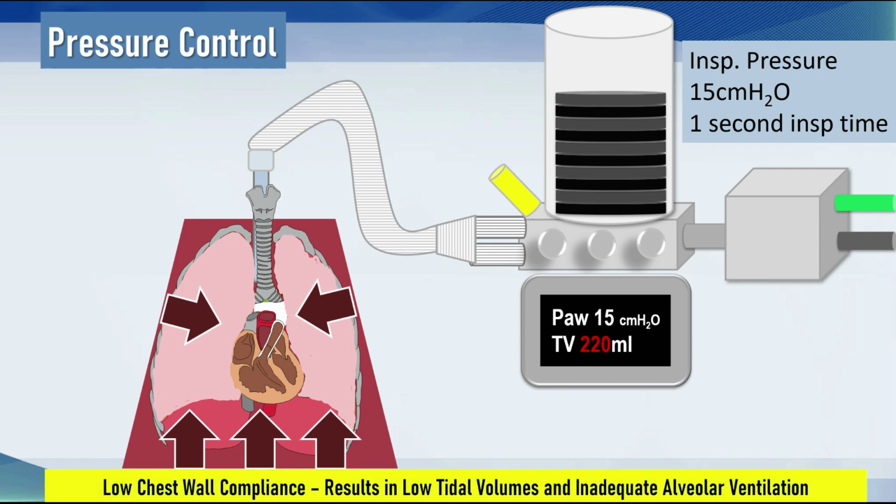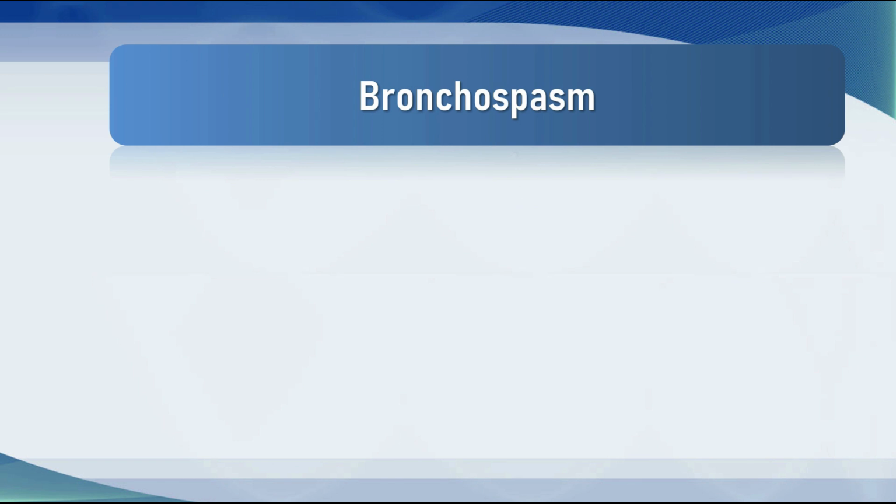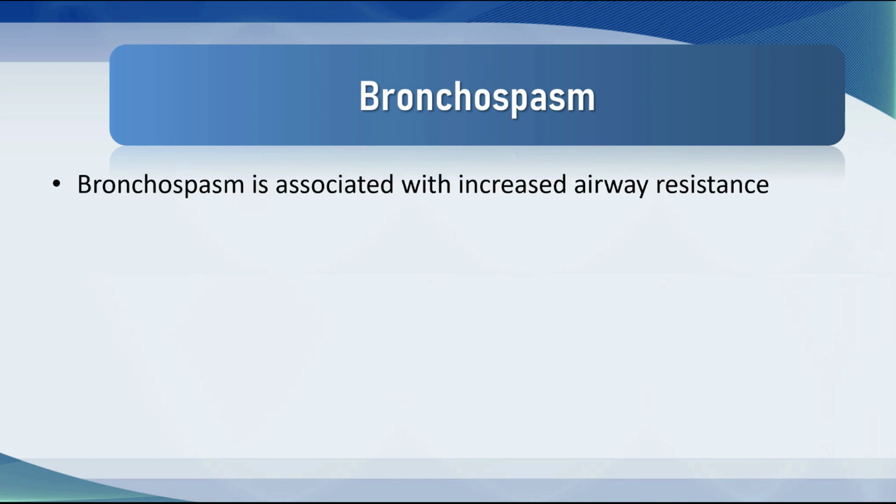And something that happens sometimes quite insidiously in a patient. A patient's bowel may start to become quite distended, for example, from severe constipation that might happen over several hours. You might leave the patient on a certain level of pressure control, but over time the tidal volume just drifts down, down, down, down. It's something to be aware of. The other thing to consider is bronchospasm.